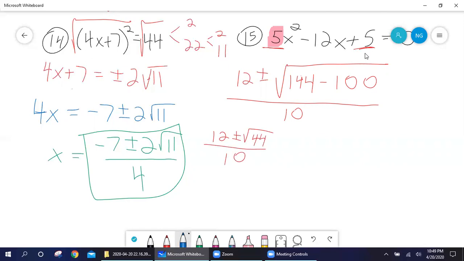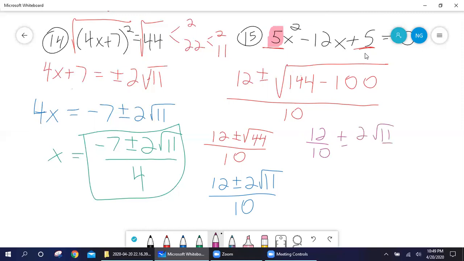Resist the temptation to reduce because we're not there yet. The root 44, just like I had on the previous problem, can turn into 2 root 11 again. Now it would make sense to split this into 2 fractions. 12/10 plus or minus 2 root 11 over 10, because I can reduce both parts of this.